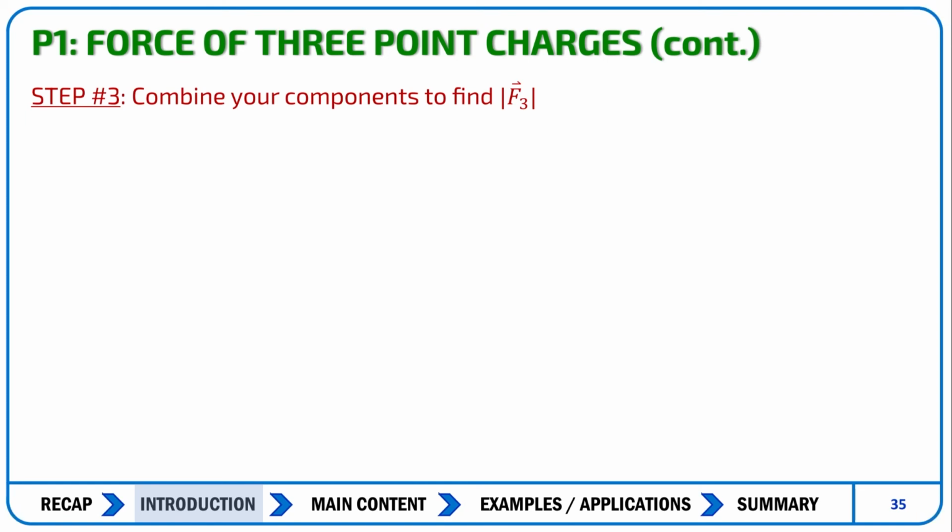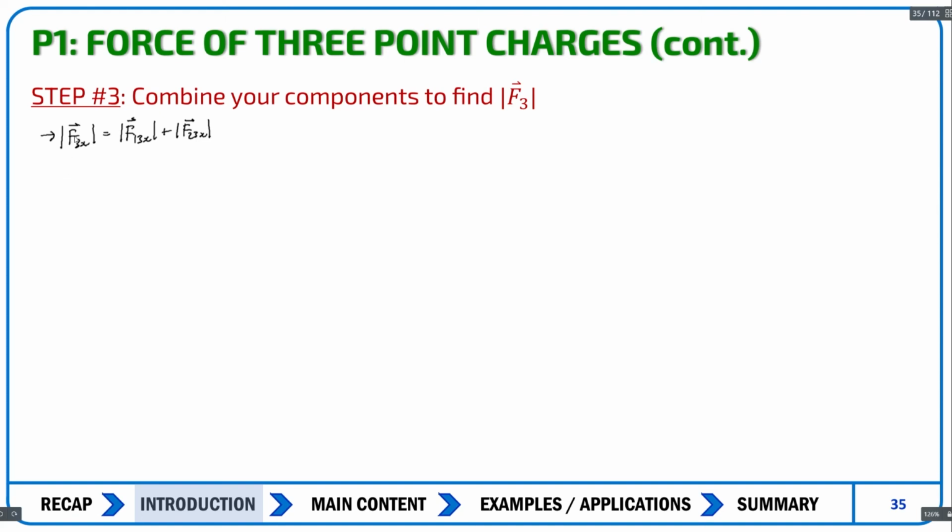So because we were able to figure out the x component contributions for each of the forces and also the y components, we can simply add them up separately and then combine them together at the end. So what we want to do is figure out F3x, which is equal to F13x plus F23x.